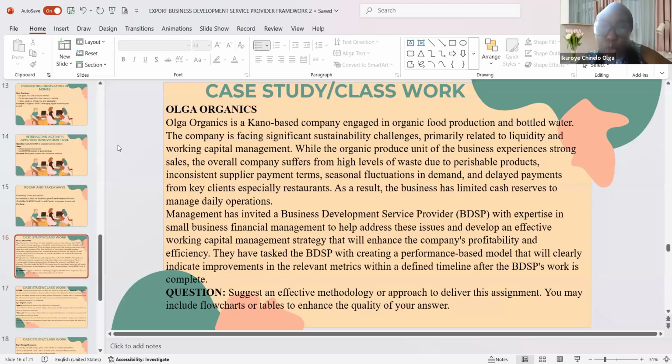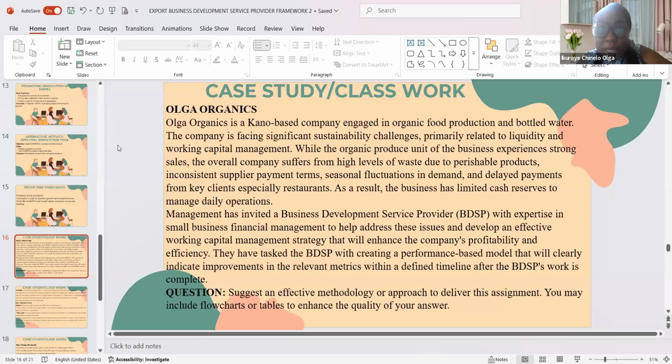While the organic produce unit of the business experiences strong sales, the overall company suffers from high levels of waste due to perishable products, inconsistent supplier payment terms, seasonal fluctuations in demand, and delayed payments from key clients, especially restaurants. As a result, the business has limited cash reserves to manage daily operations.